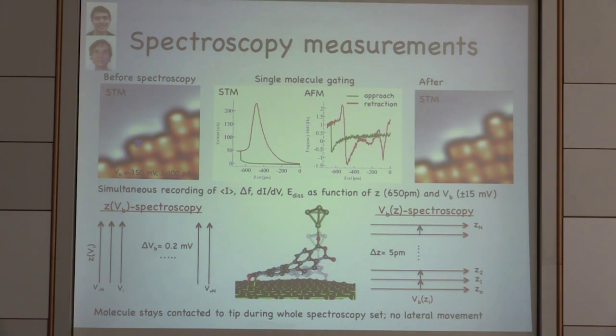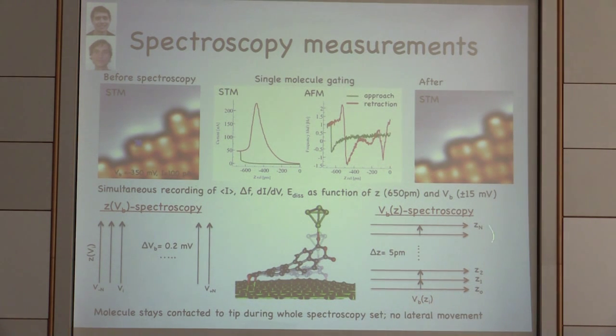So now there are two ways we can do these experiments, and there is a slight difference, but not too big. First, we can come and just pick up the molecule at different bias voltages, going from minus 15 millivolts to plus 15 millivolts, and we will have good resolution in Z, but the resolution in energy will be a little bit worse.